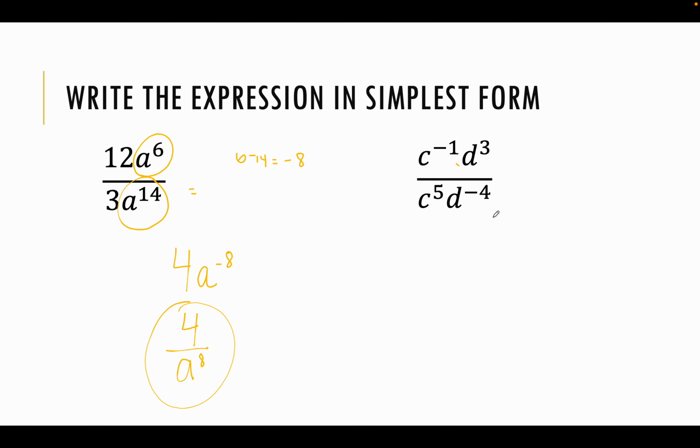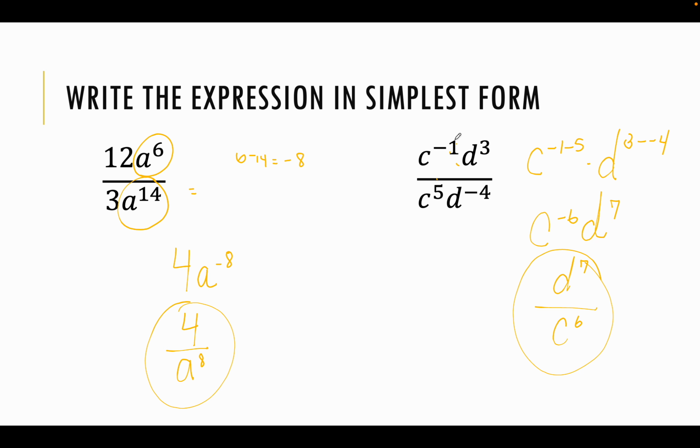I'll show both ways. So first, if I just use the division rule, c to the -1 minus 5 times d to the 3 minus a -4, this will give us c to the -6th times d to the 7th, which would give us d to the 7th over c to the 6th as our final answer.